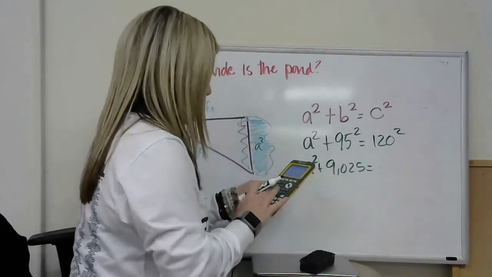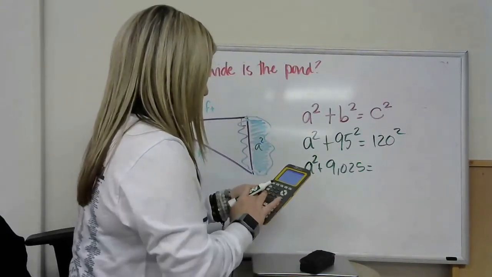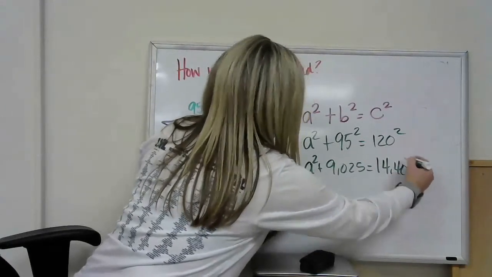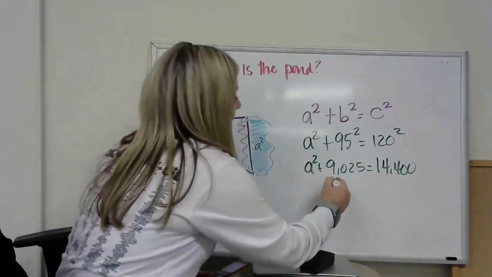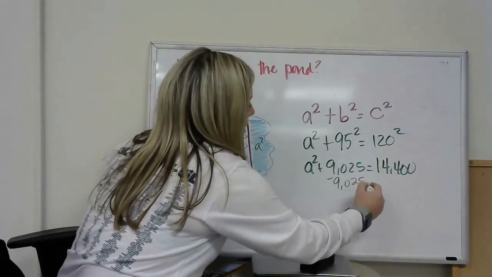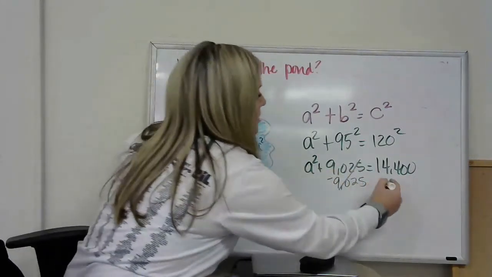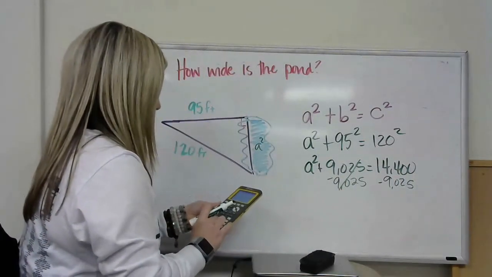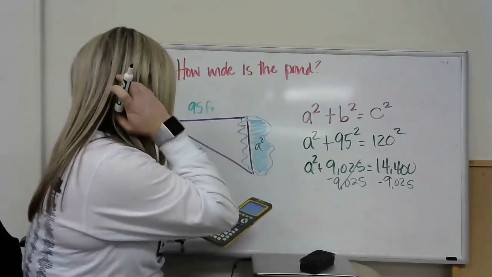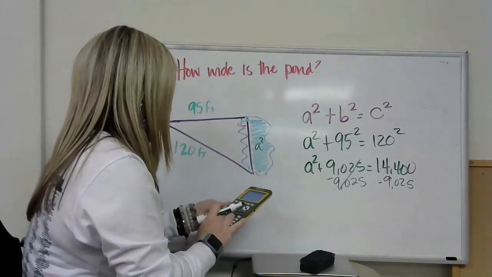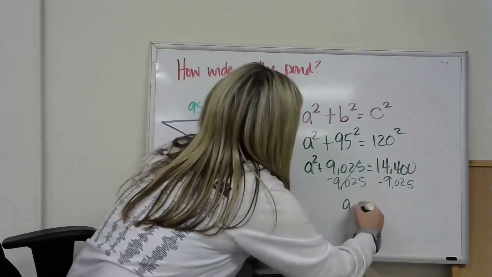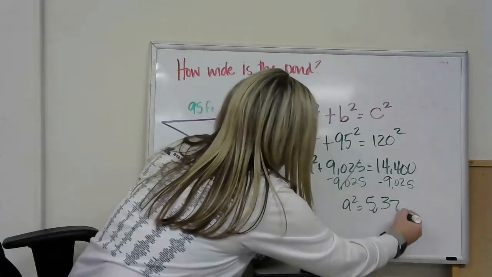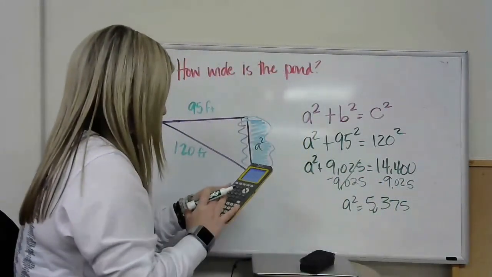And then 120 squared is 14,400. I'm going to subtract 9,025 because I'm trying to isolate the a. So 14,400 minus 9,025, and a squared equals 5,375, and I've got to square root that.